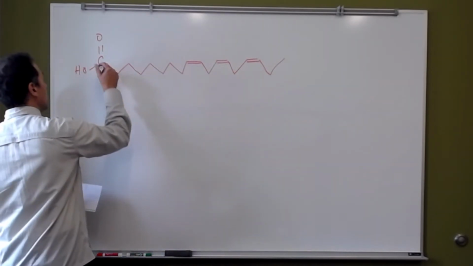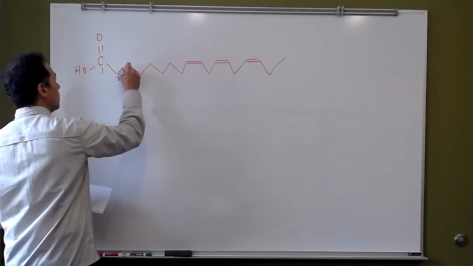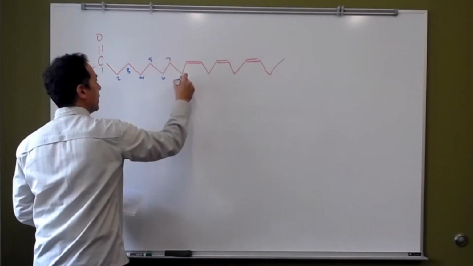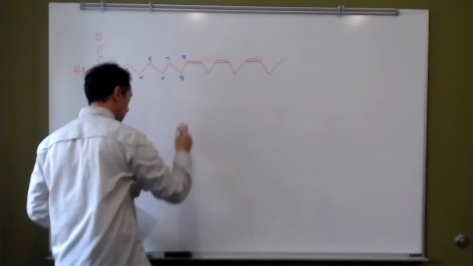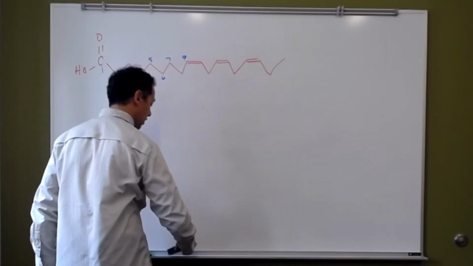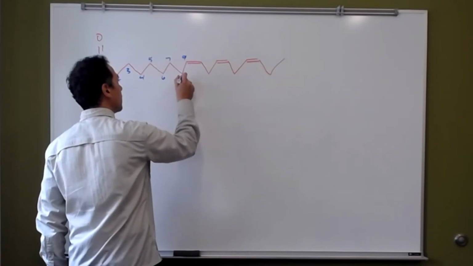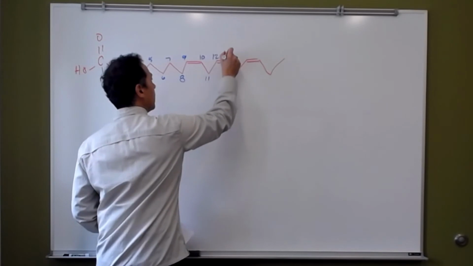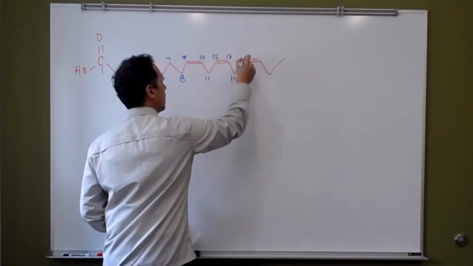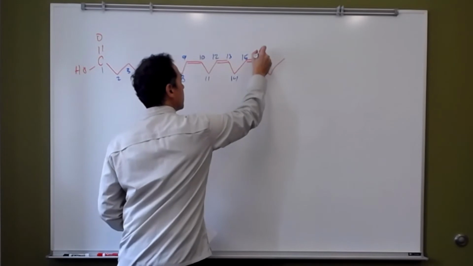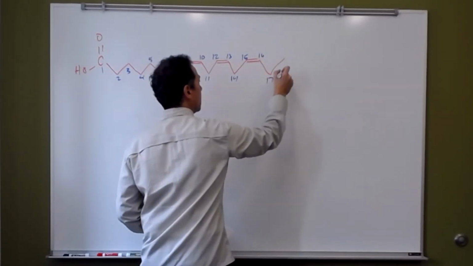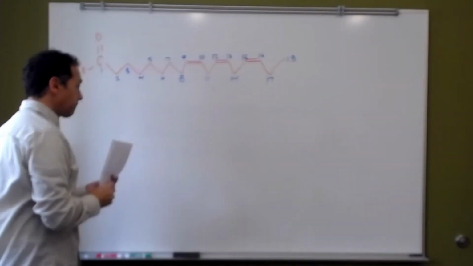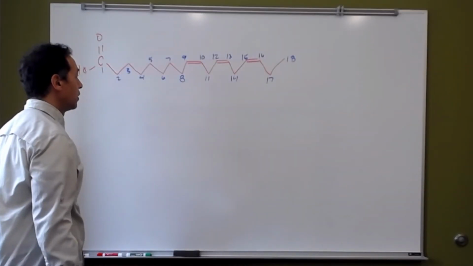Here I'll go 1, 2, 3, 4, 5, 6, 7, 8, 9, 10, 11, 12, 13, 14, 15, 16, 17, 18. All right. We ended up with an even number, so I feel good about that.